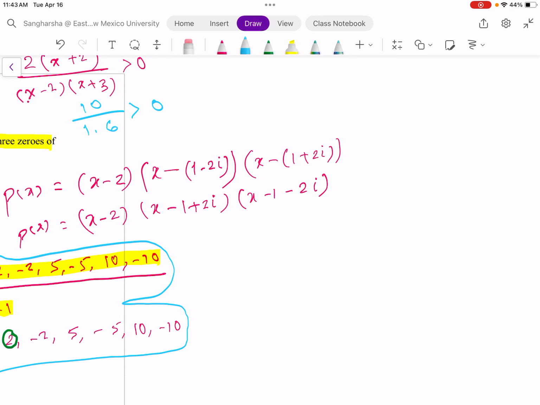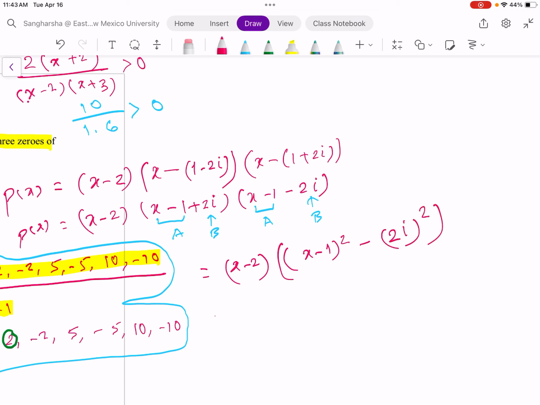You call this your a, and this is also your a, and this is b, and this is b, and we use the identity that we had earlier. So we have x minus 2 times a squared, a is x minus 1, squared, minus b squared, b is 2i, squared. So this is x minus 2, times x minus 1 squared.